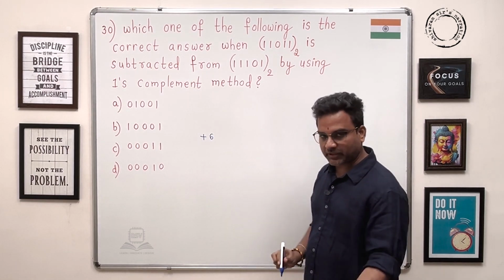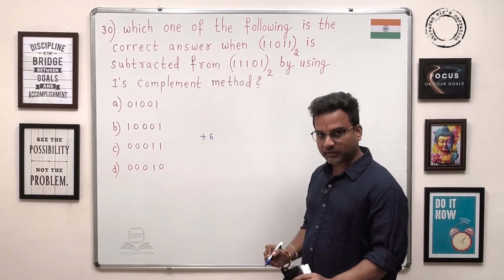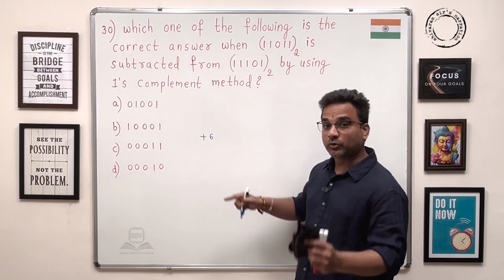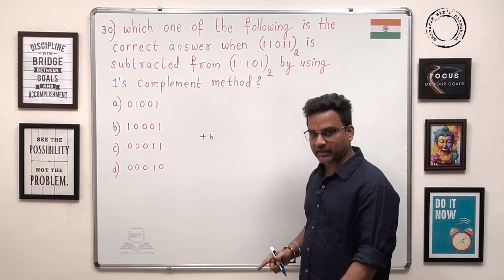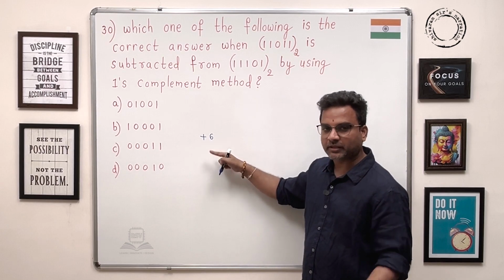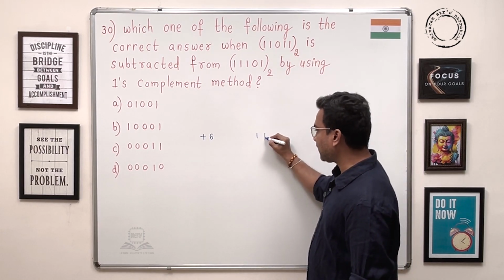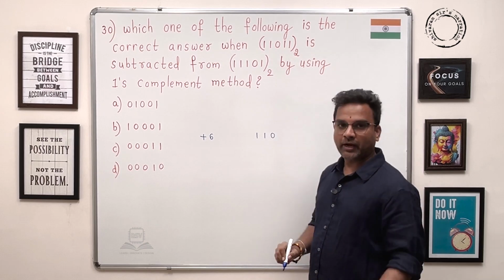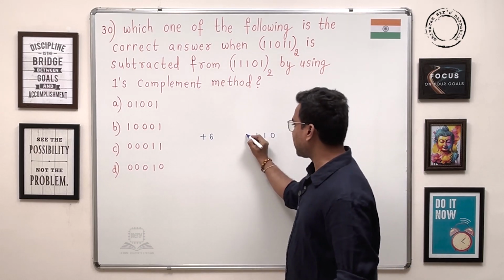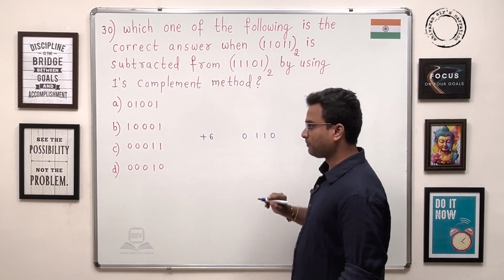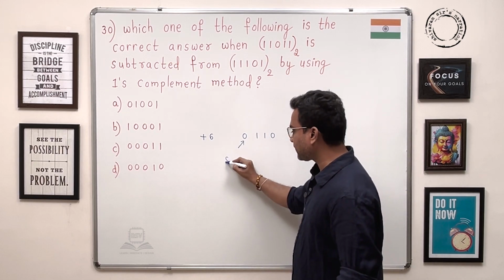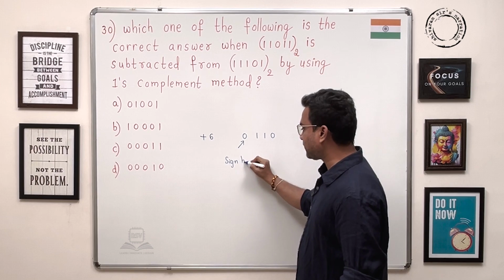Then the procedure is, we want to represent plus 6 using 1's complement representation. First you convert this 6 into binary, that will be 110, and you use the sign bit. Sign bit is 0. This is the sign bit and that is the magnitude.